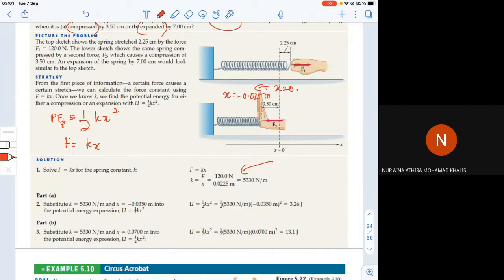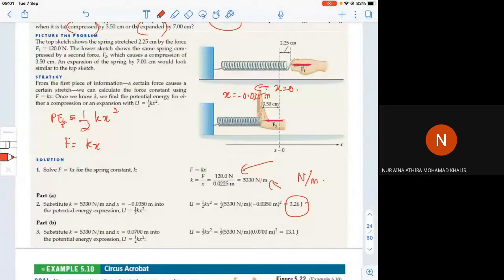Because x should be in meters, as the value of k is Newton per meter. That's why when you use Hooke's law, x should be in meters. So you calculate it and you will get 3.26 joule.